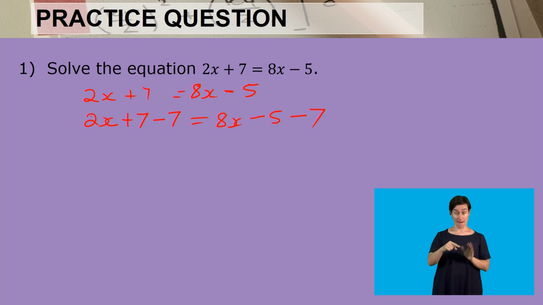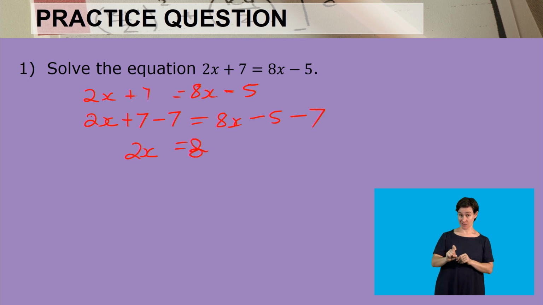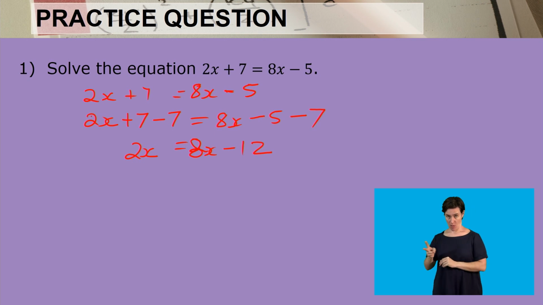Because we added negative 7 on the left, we also add negative 7 on the right. 7 minus 7 gives us 0, so we remain with 2x equals 8x, and negative 5 minus 7 gives us negative 12. So we have 8x minus 12 on the right.